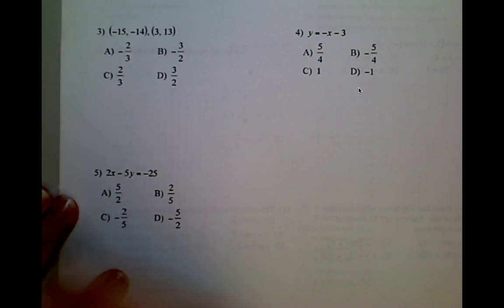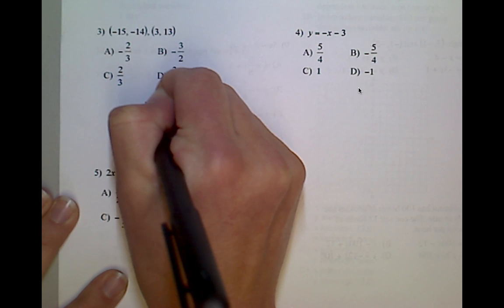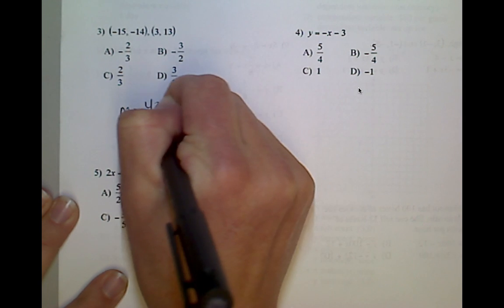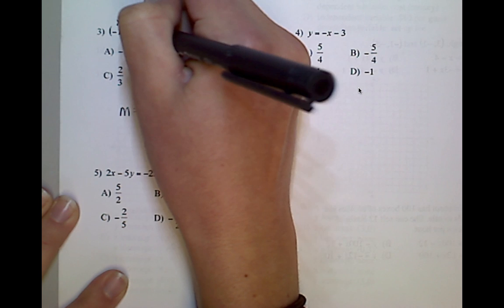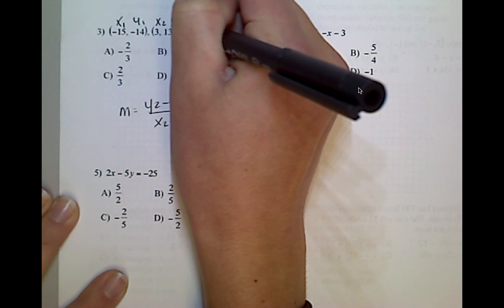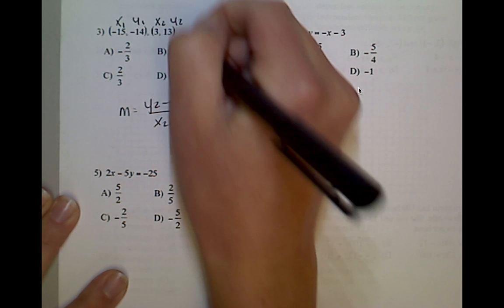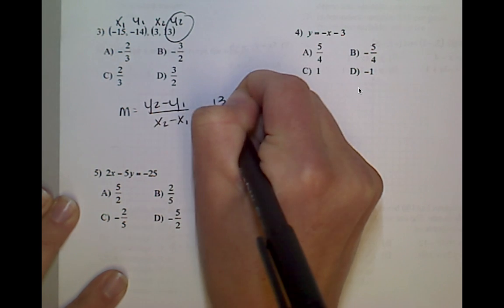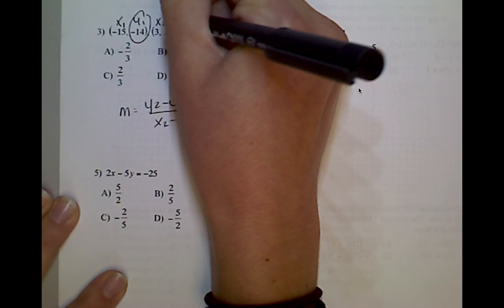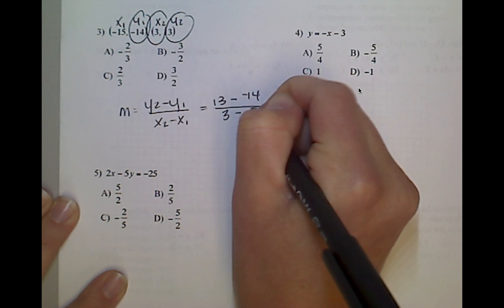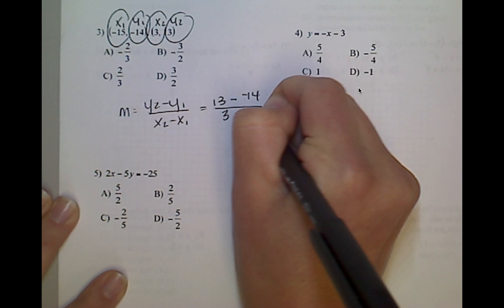Next one, once again, we're finding the slope. Slope can also be defined by y sub 2 minus y sub 1 over x sub 2 minus x sub 1. So before I get started, I'm going to label my pieces, x1, y1, x2, y2. So I'm going to replace y2 with 13 minus y1 with negative 14, x sub 2 with 3 minus negative 15.